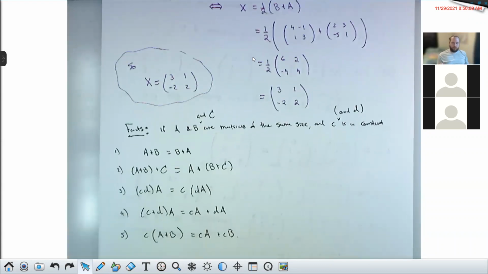So all the stuff you want to be true is true. And you can verify any of these just by writing down the definition. Like this would be cd times all the entries of A. And this would be d times all the entries of A, then multiply all of those by c. Well, of course, those are the same, right? Each one of these is kind of a duh statement when you think about it. But again, I'd be a bad math teacher if I didn't tell you these things are true.